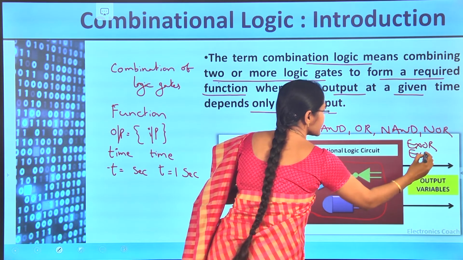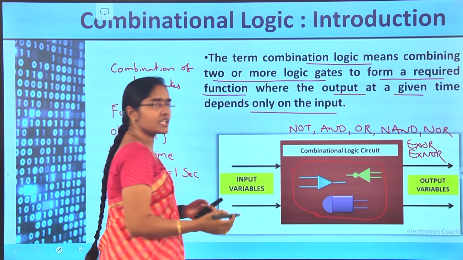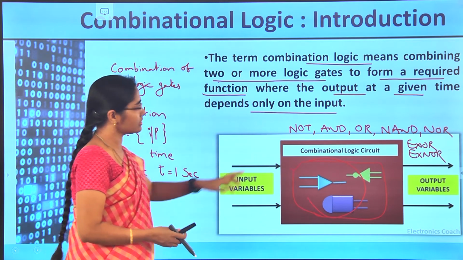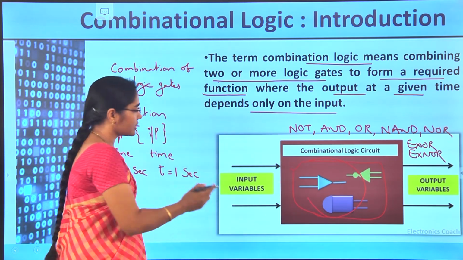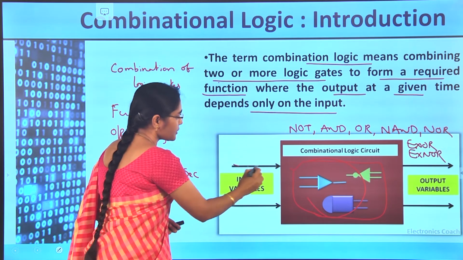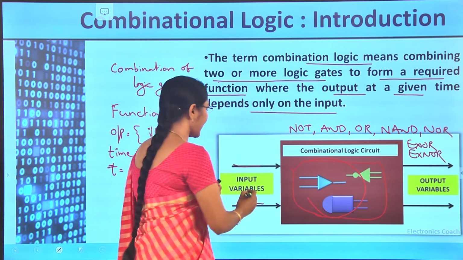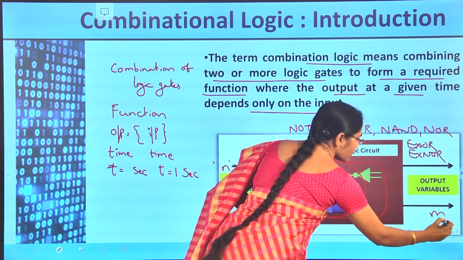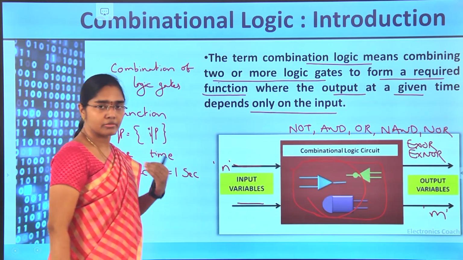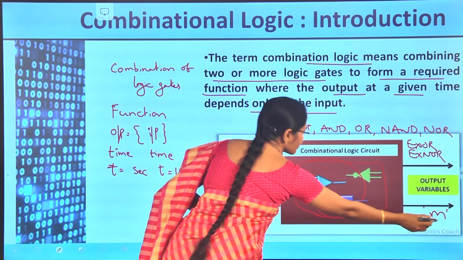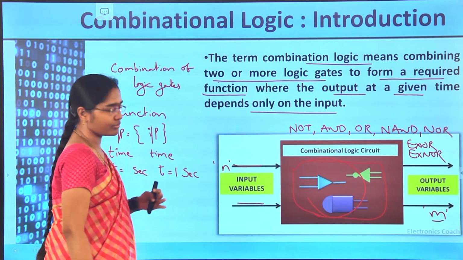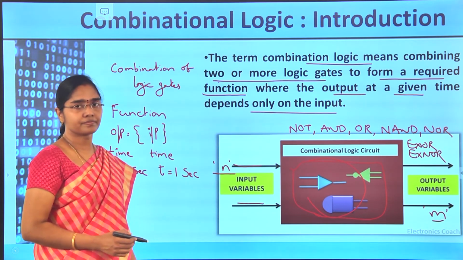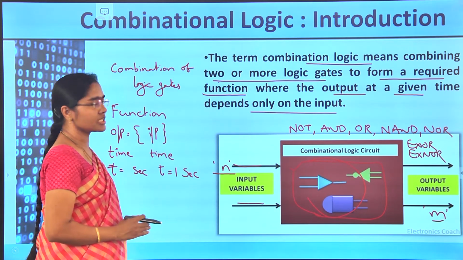Depending upon the requirement of the function, any of those gates will be used, and n number of inputs will be applied, and depending upon the function, m number of outputs will be taken. These m outputs at any given instant of time depend on the inputs at that particular instant of time. This is the combinational logic meaning.